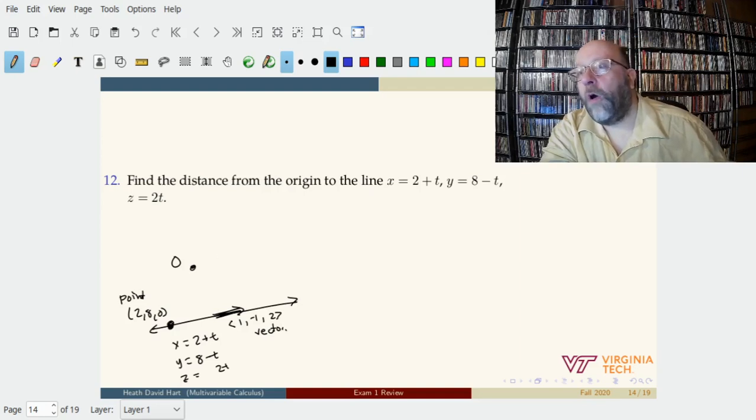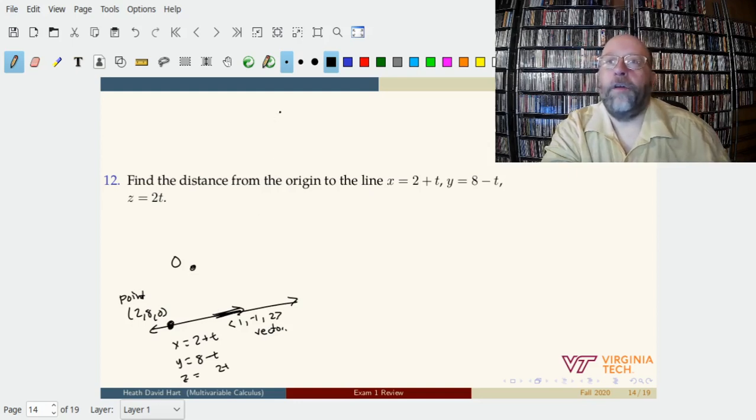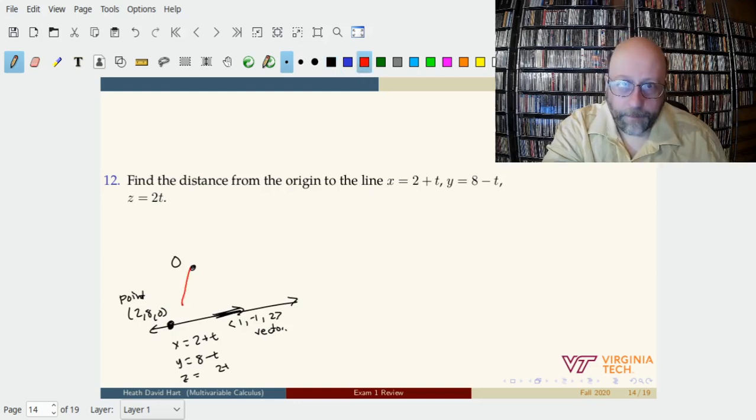Well, if I draw the vector from 0 to this point, and let's call that vector, in fact, I'll use a different color for that, V. Well, because V is this point minus the origin, the coordinates of V are also going to be 2, 8, and 0.